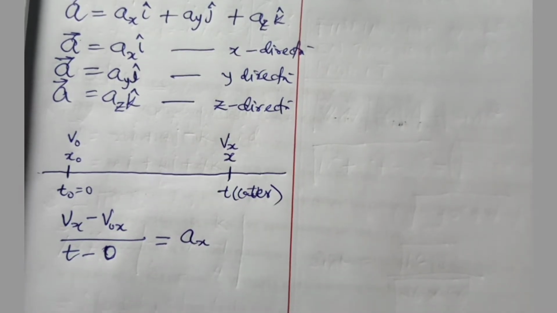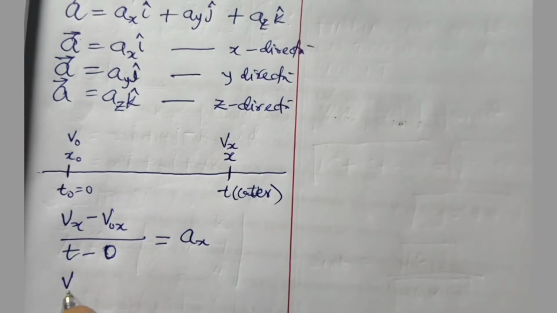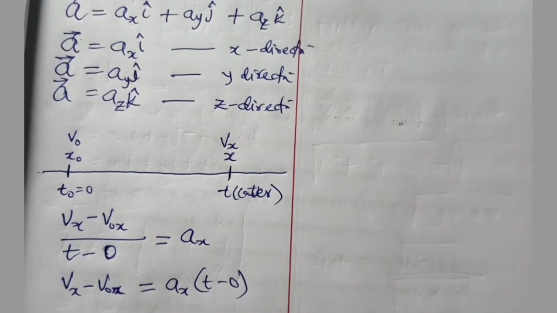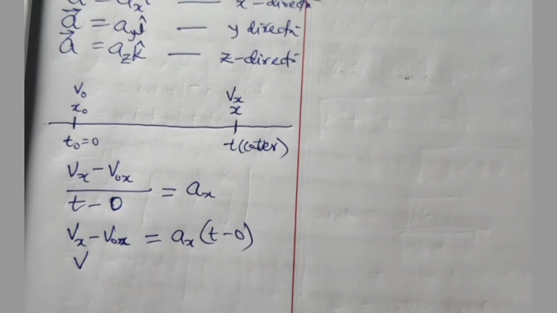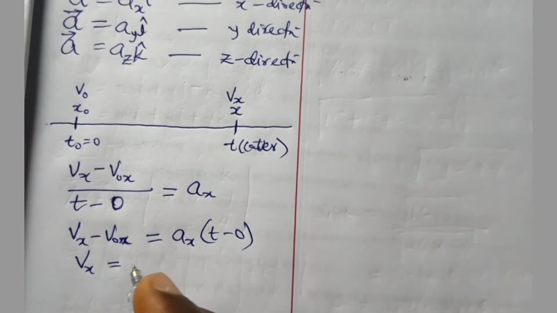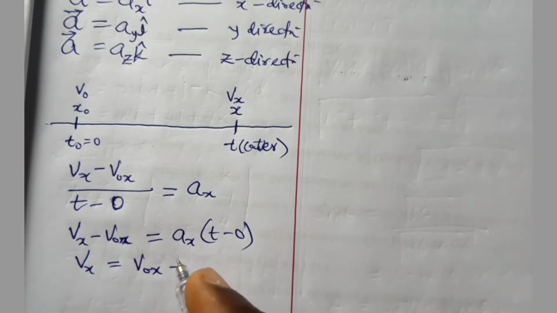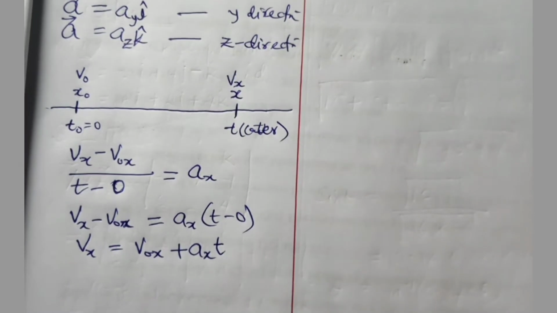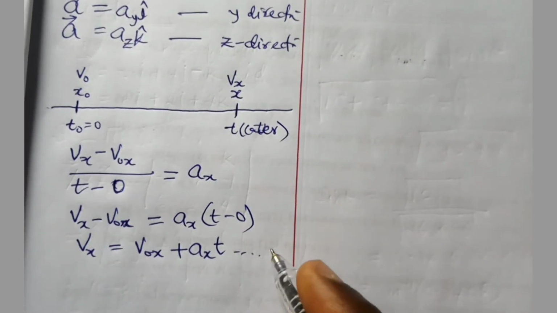That means vx minus v0x is equal to ax times (t minus 0), and so vx is equal to v0x plus ax t. Let's call this equation 1.